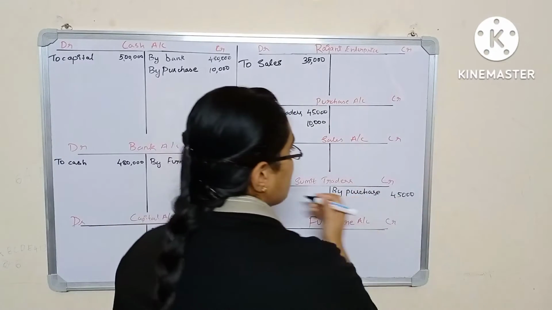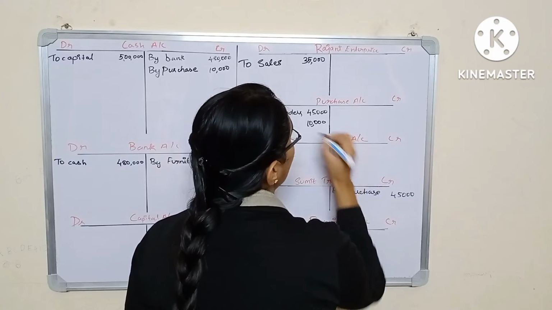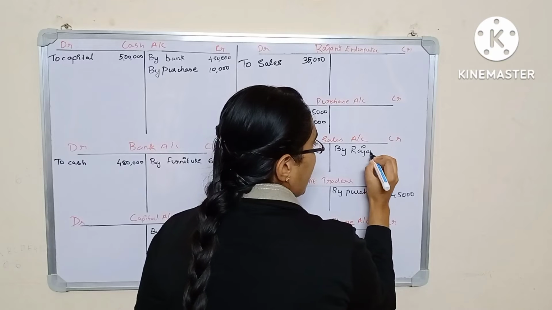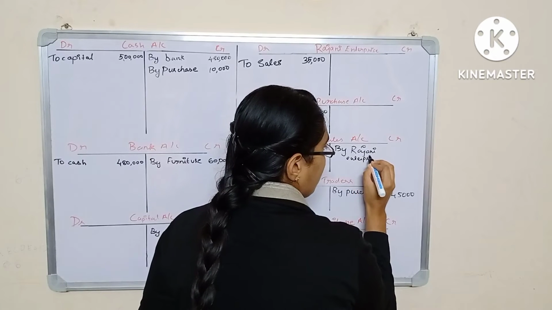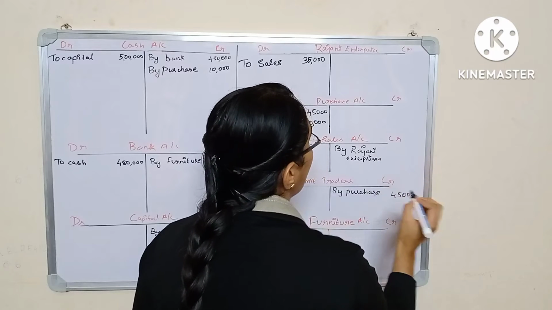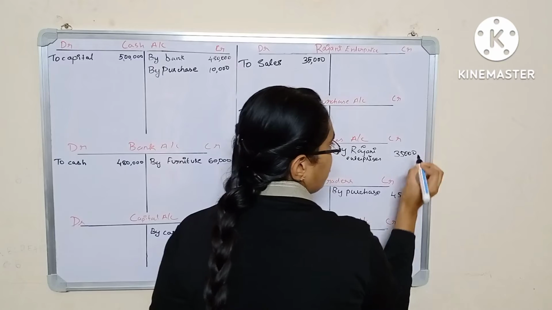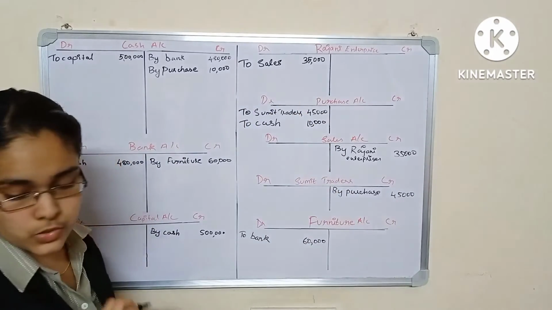Sales have been credited, so you will go to the credit side and you will write by which account? Rajani Enterprises. How much is the amount? 35,000. So you have done that transaction also.